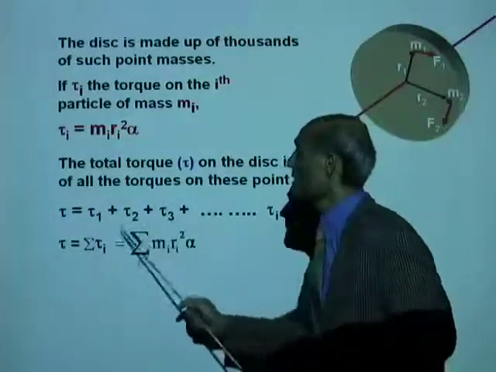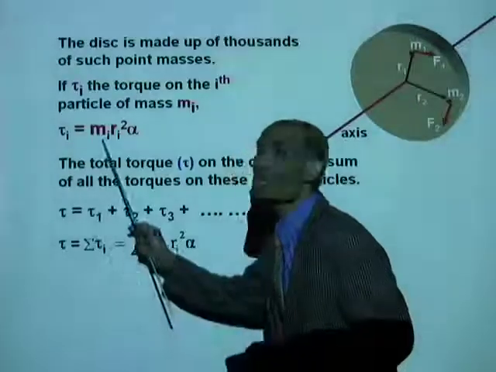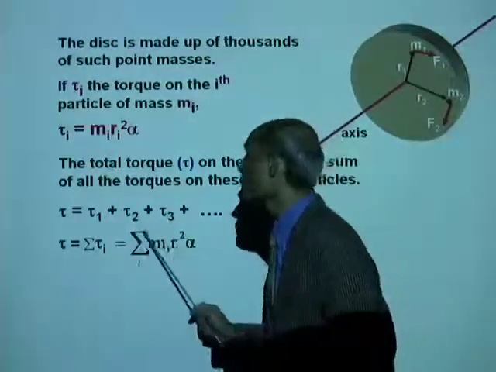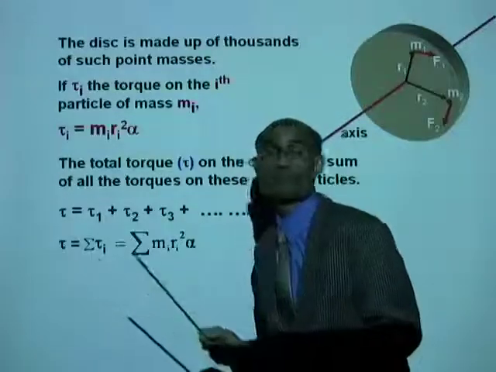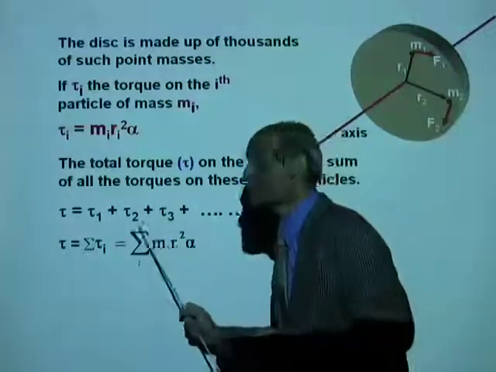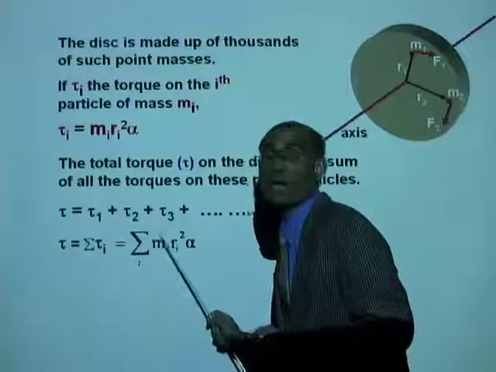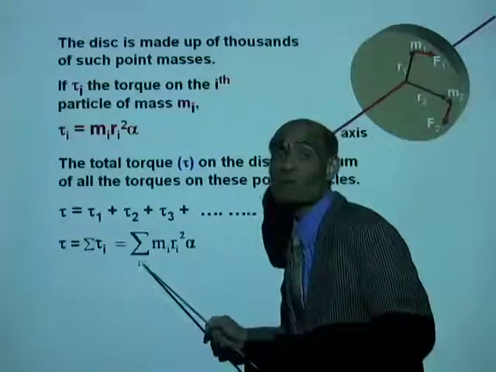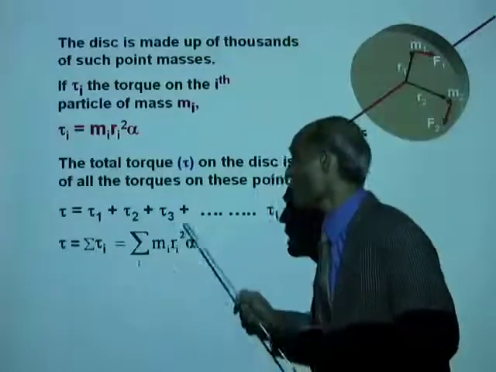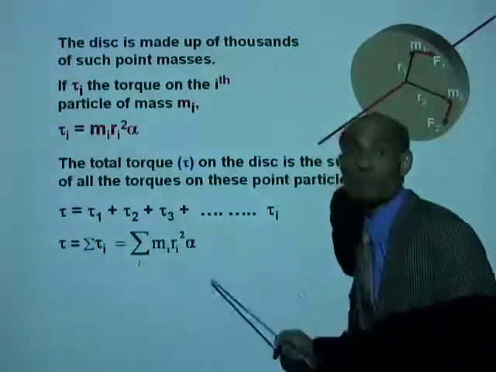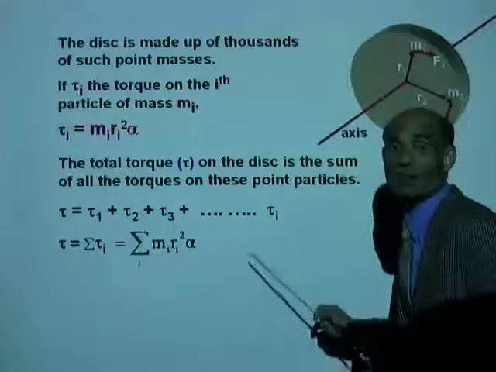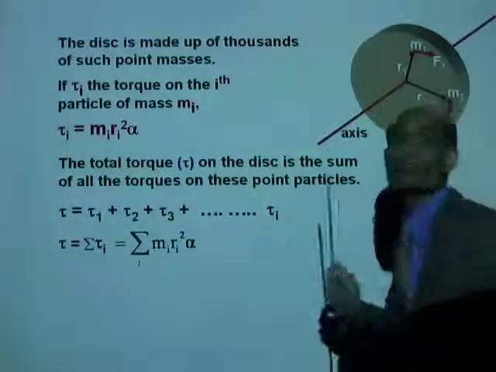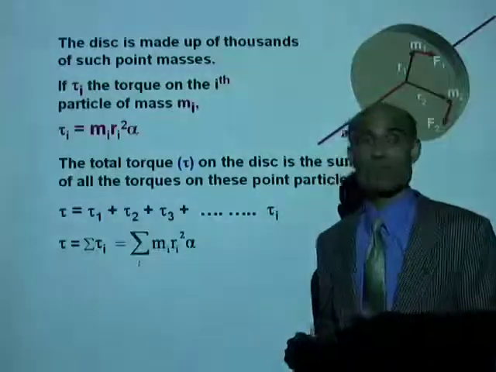Alright? And this tau i is mi ri squared alpha. So we say tau, the total torque on the disk, is summation i mi ri squared alpha. What does this mean? It means m1 r1 squared alpha plus m2 r2 squared alpha plus m3 r3 squared alpha, all the way to the last particle.